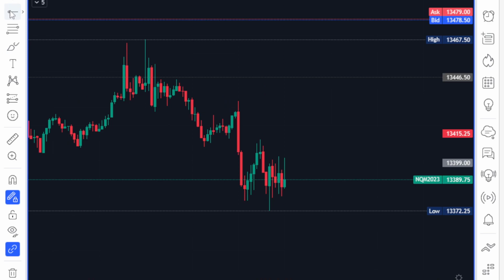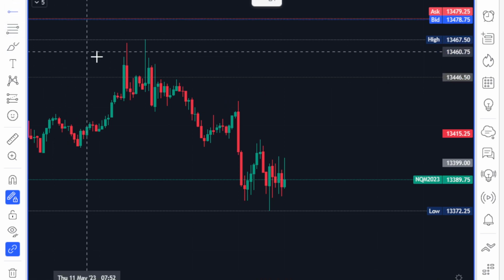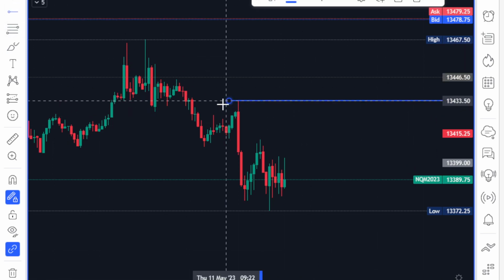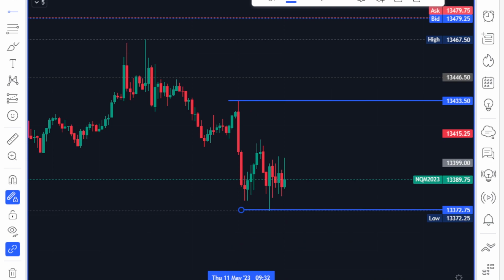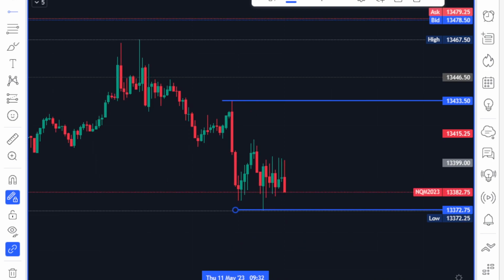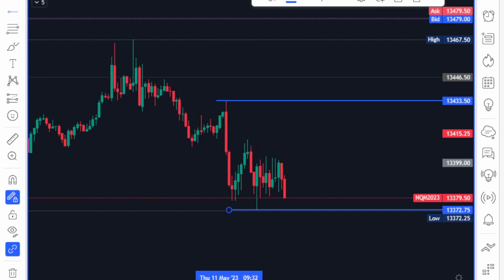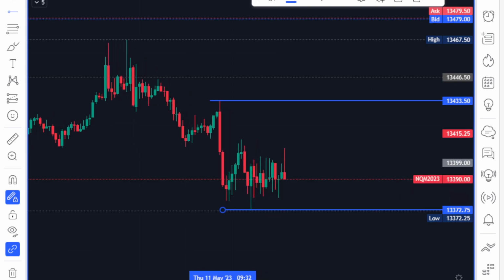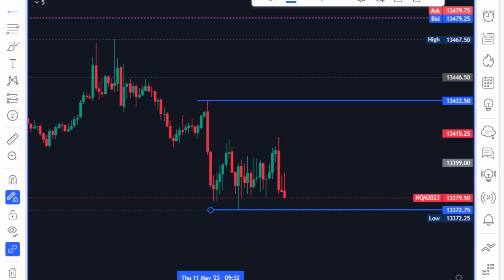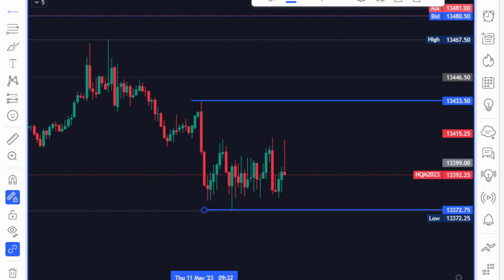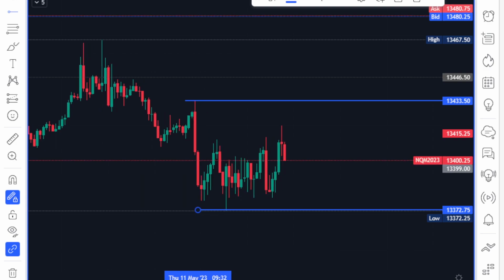So we're going to start off here and play the replay and see what happens. I guess I should probably mark out the high and the low here. So there we are. And we're just looking for price to take out either the high or the low. And then we're going to see what kind of reaction we get from that. This happens most days.